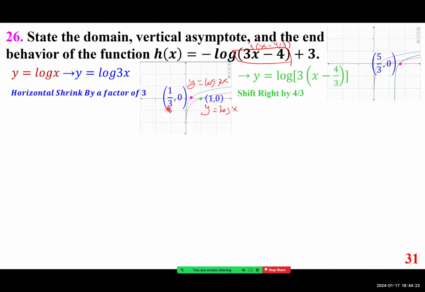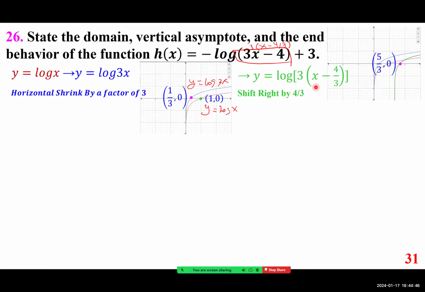So the red one is the original log x. The blue one is what we had here, log 3x. And the green one has been shifted to the right by 4/3. We're almost there. We have a couple more steps. Negative in front of the function.